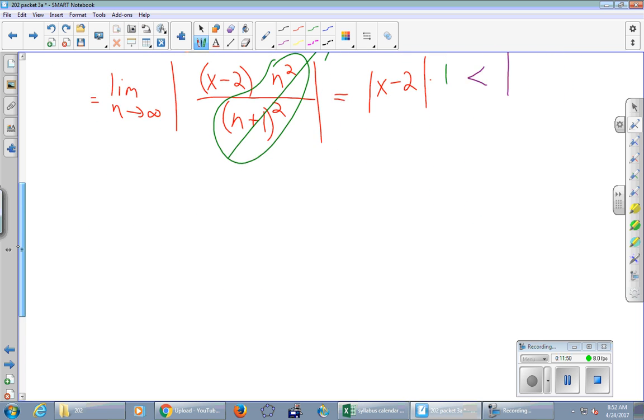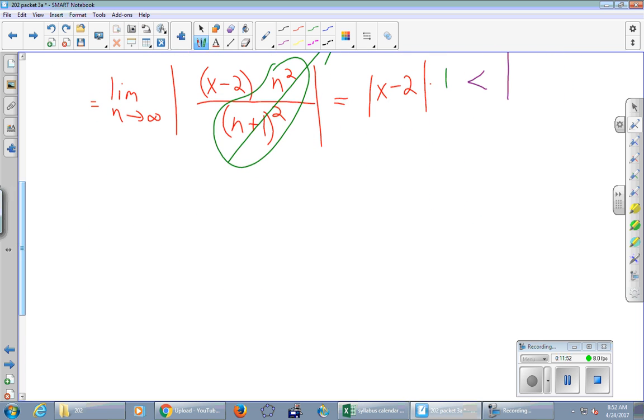Okay. So now we have to see if we remember some things about absolute value inequalities. In my mind, this right here is the absolute value of some number, and it's less than 1. Make up a number that you could put inside of here that would still be less than 1 when you do the absolute value.